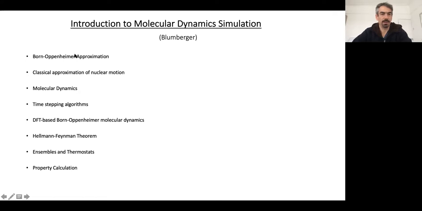Last week we started basically from the truth, right? From the very beginning, the Schrödinger equation that governs everything more or less in our field, right?